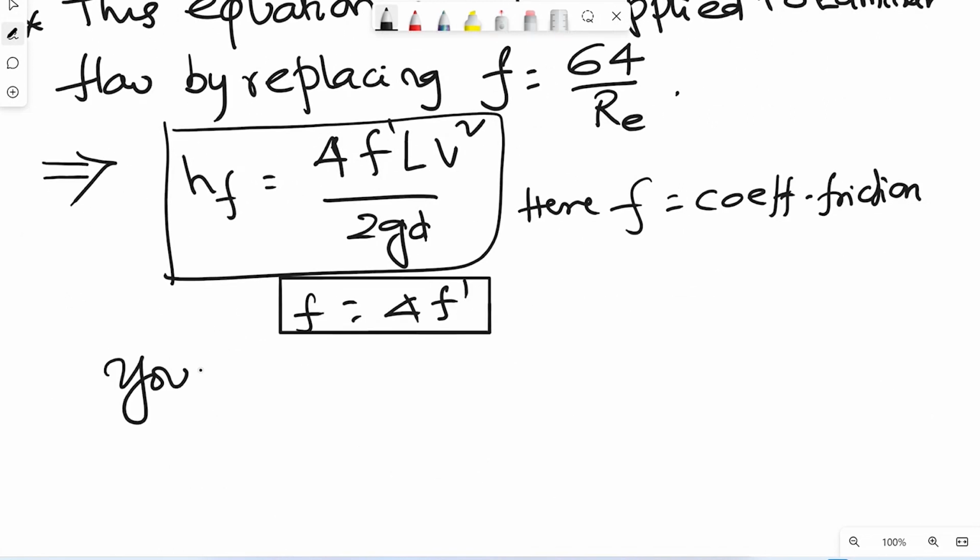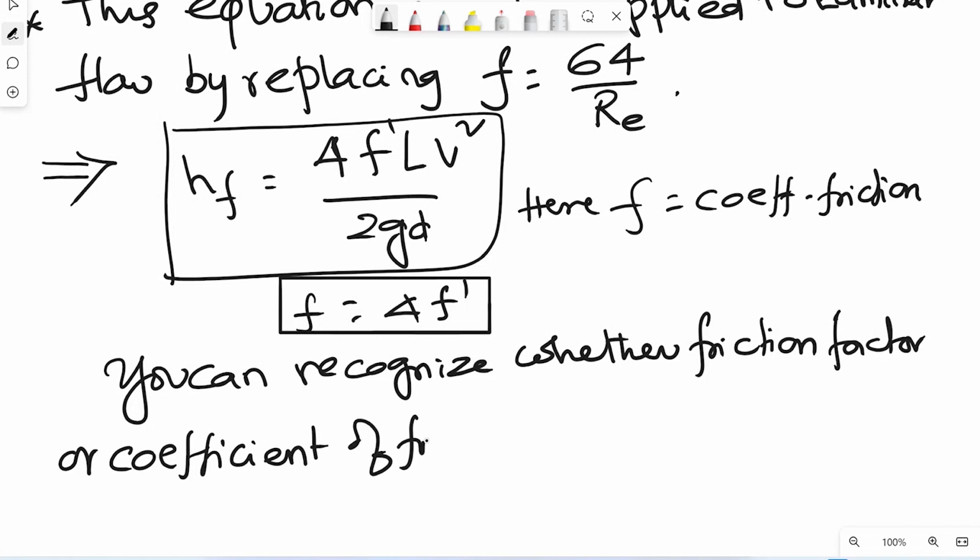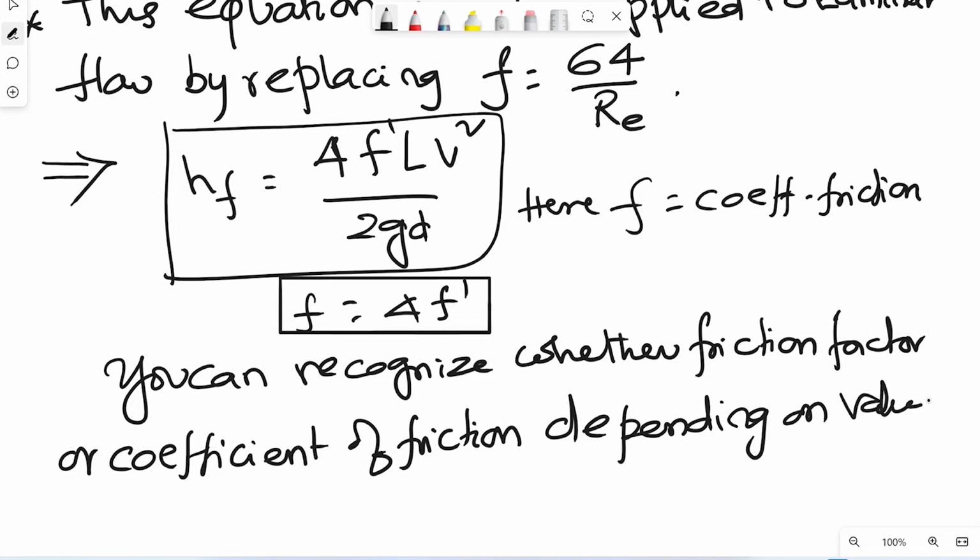You can recognize whether it is the friction factor or the coefficient of friction depending on the value given for the friction factor.